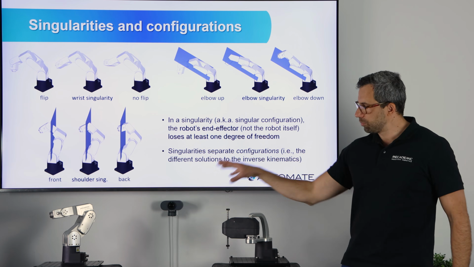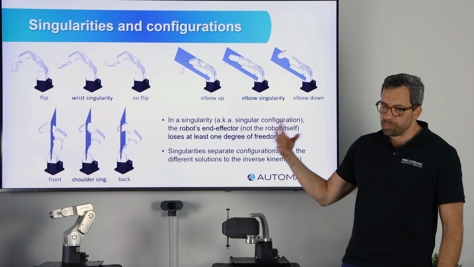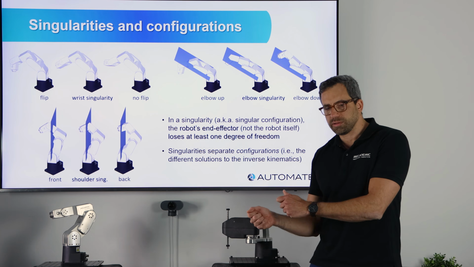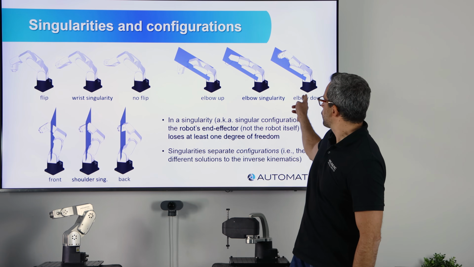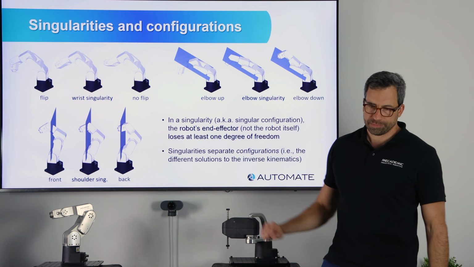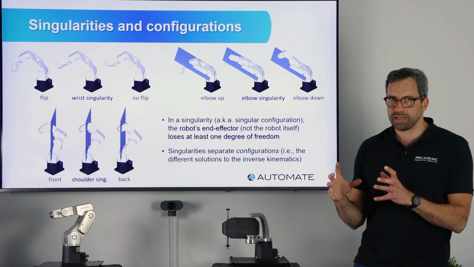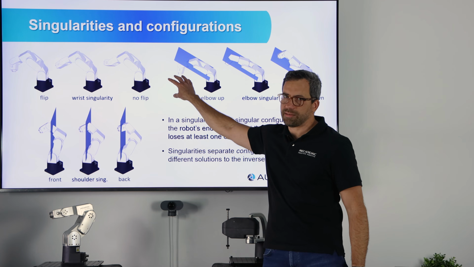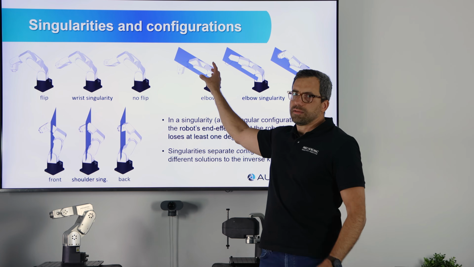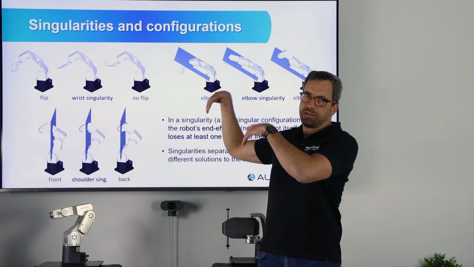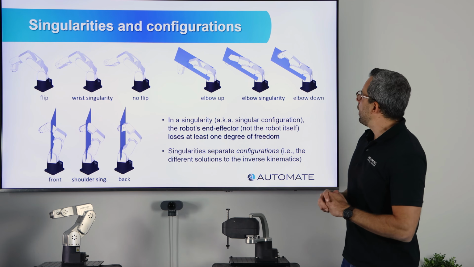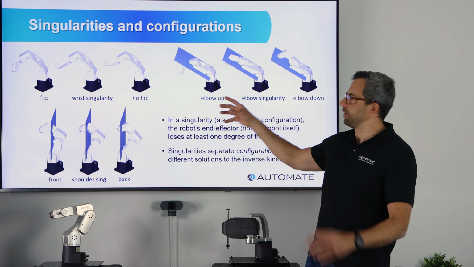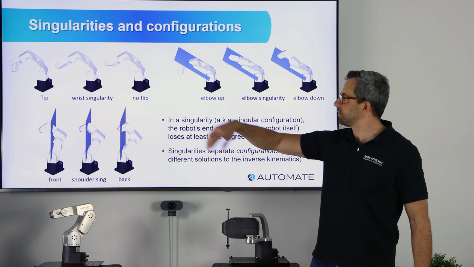Not always, we can do it, and I'll show you, but most robots, if you're jogging, you need to switch to joint mode in order to be able to switch from elbow down to elbow up. So again, a singularity, you lose a degree of freedom of the end effector. You gain the lost degree of freedom as a useless self-motion. Well, in this case, you don't gain it. It's really like you don't gain anything. It's the end of the workspace.